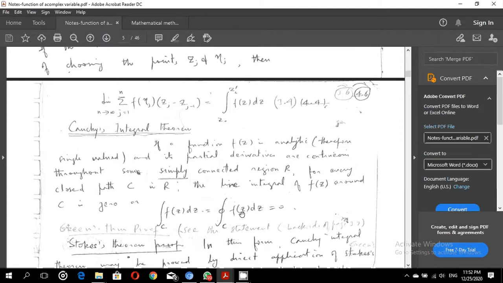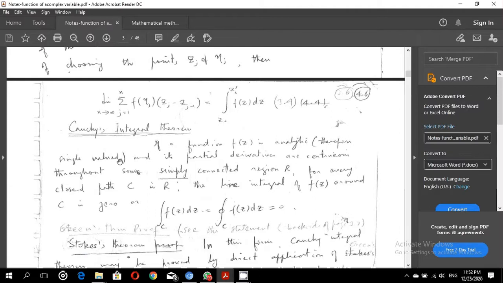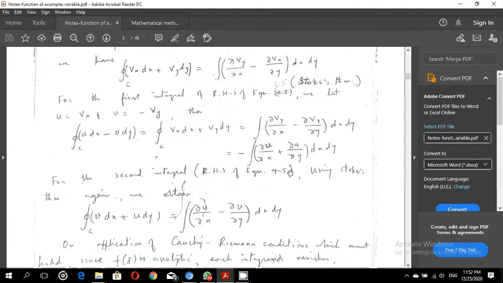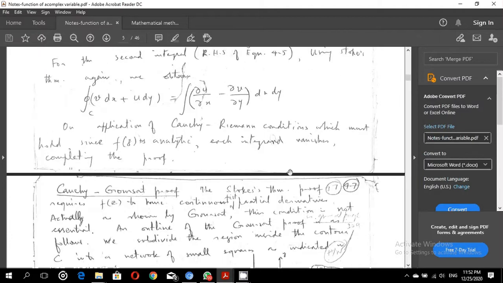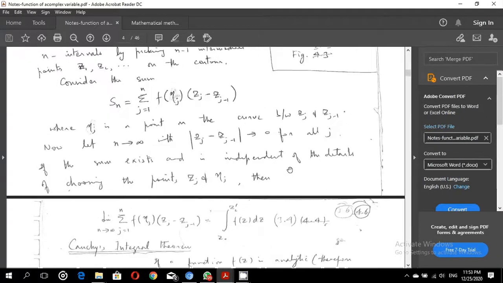Now let's come to the Cauchy integral theorem. This is the statement of the theorem. If a function f of z is analytic, which means it is single valued as well, and its partial derivatives are continuous throughout some simply connected region R. So we have a simply connected region R, which you can see from the book as well.